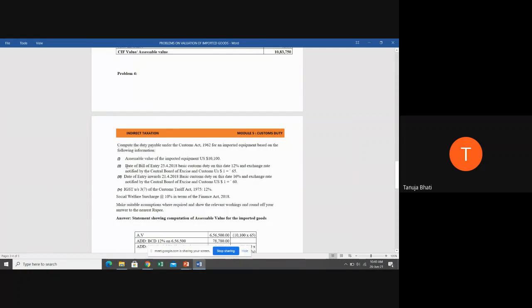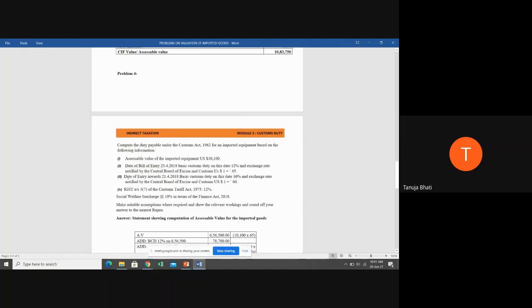Now, date of bill of entry was 25th April 2018. Basic customs duty on this day was 12%. And the exchange rate notified by the CBIC and customs was $1 is equal to 65 rupees.